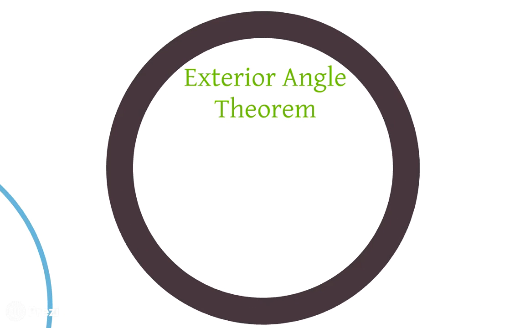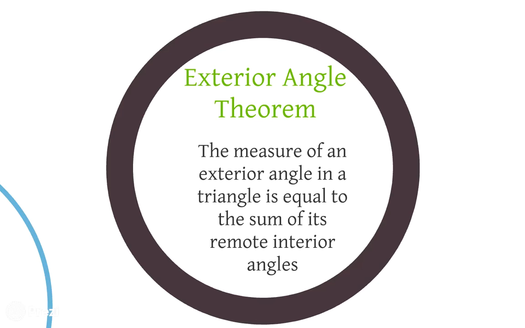Alright, we have now built up to the final theorem, the exterior angle theorem, which states, if you have an exterior angle, the measure of that exterior angle in a triangle is equal to the sum of its two remote interior angles. So you're probably like, what does that mean, Miss Long? That just means a bunch of mumbo jumbo to me.